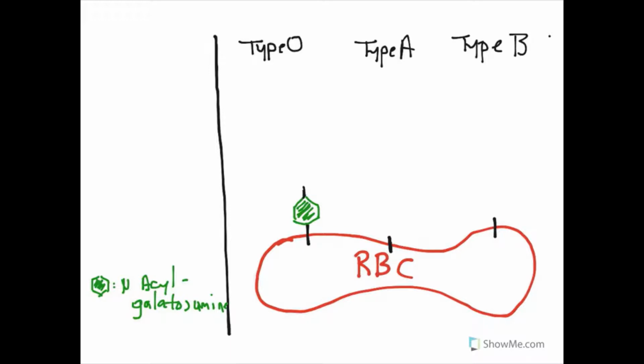And this one, I'm going to pick a purple color here. Let's pick this purple. And I'm going to draw a purple one here, just using some different colors. And this one simply is galactose.